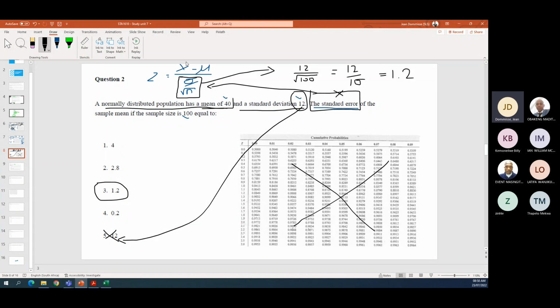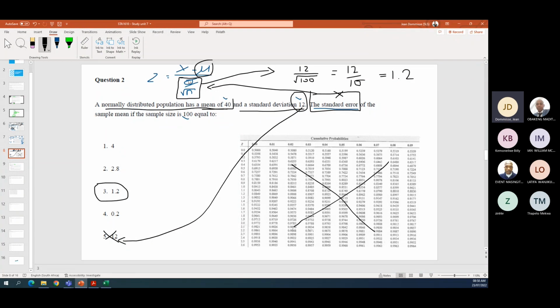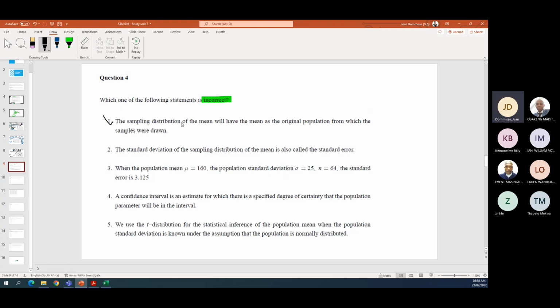So that is what we used. To see it in words, the sampling distribution of a mean will have the mean of the original population. True. The standard deviation of the sampling distribution of a mean is called the standard error. And that, again, from a previous one we've seen, is correct.